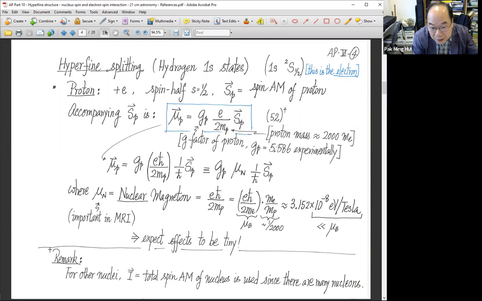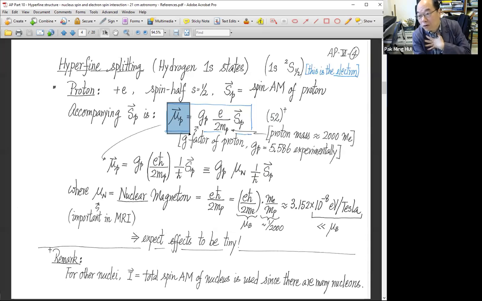So experimentally, the g factor of the proton is found to be 5.6. And this happens to be important in medical applications. In something called magnetic resonance imaging, actually what we are probing is the spin splitting of the proton.